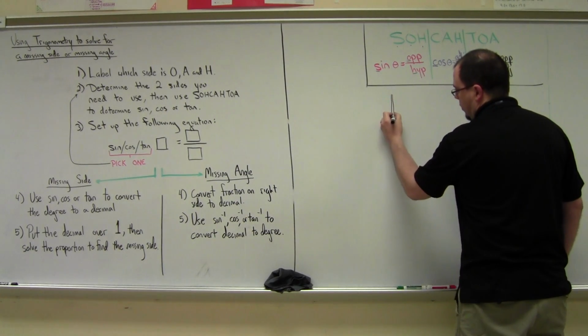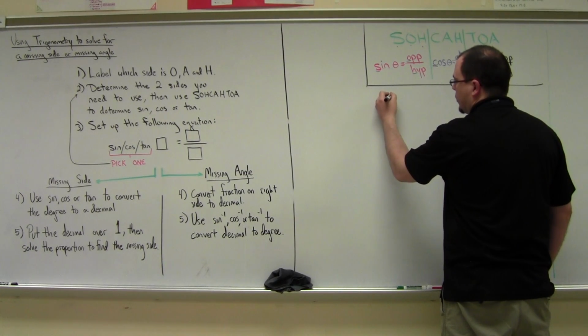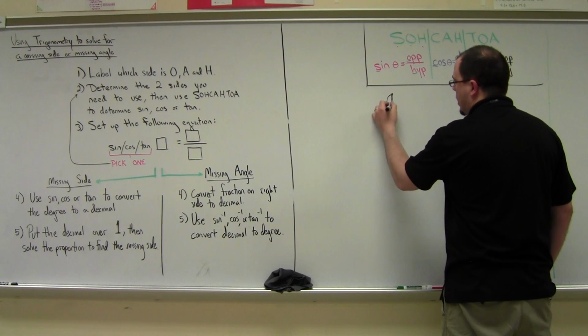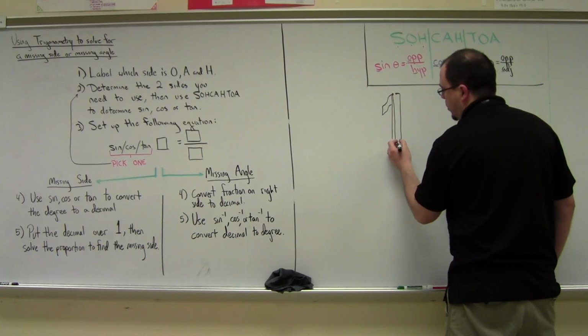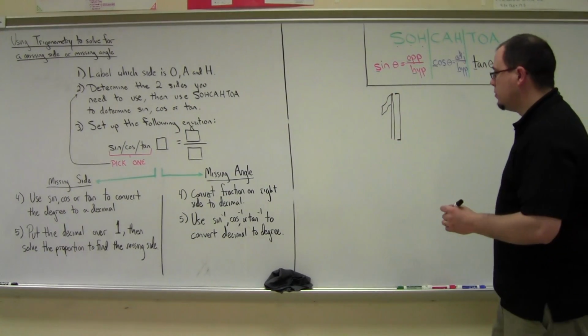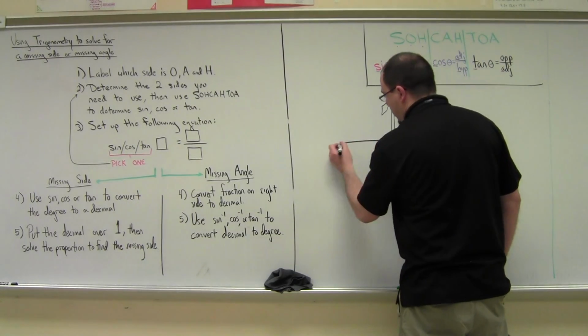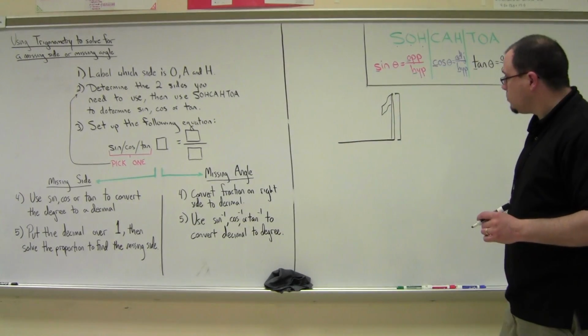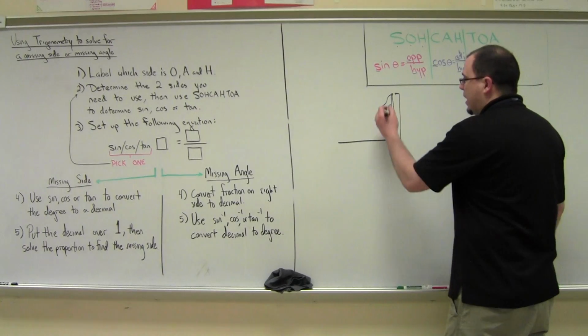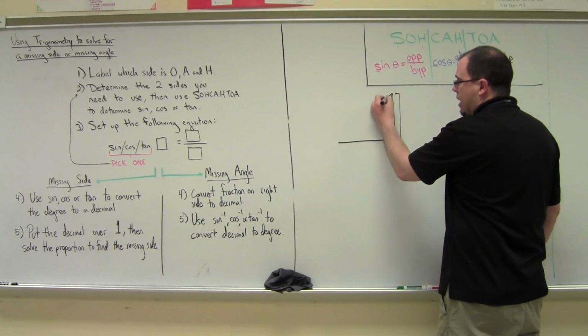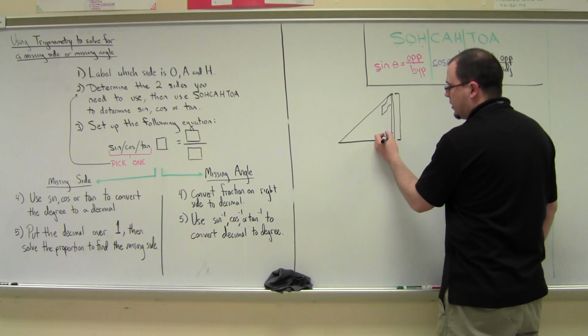Let's say we had ourselves a flagpole. We wanted to figure out how tall it was, but we weren't sure. What we could do is measure off a certain distance, and we could figure out that that's going to be a right triangle because this is 90 degrees.